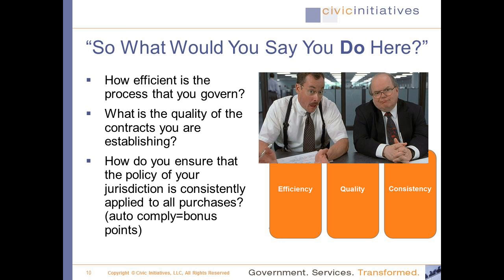We can't just sit on stuff for 9 months. That's the number one thing agencies complain about. Quality, what's the quality of our contracts, our quality of availability, the quality of our price, and then consistency of policy. How do we make sure that the policy that's given to us by our lawmakers is consistently applied on the way that we buy?